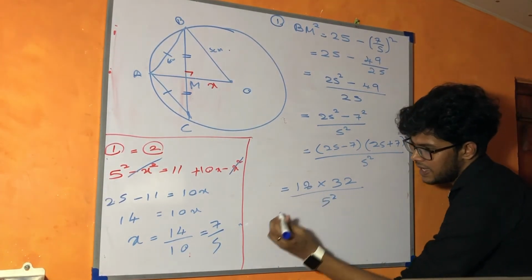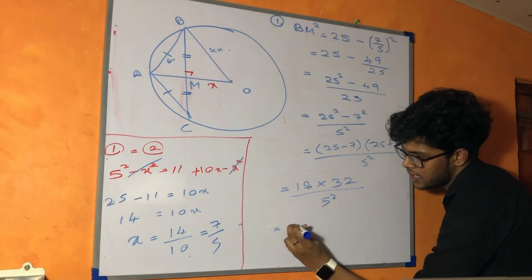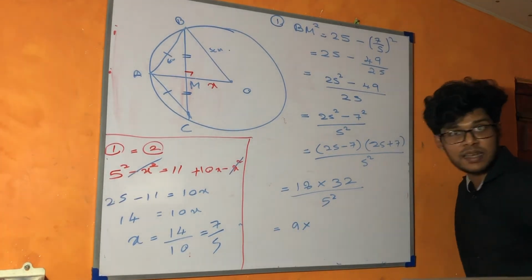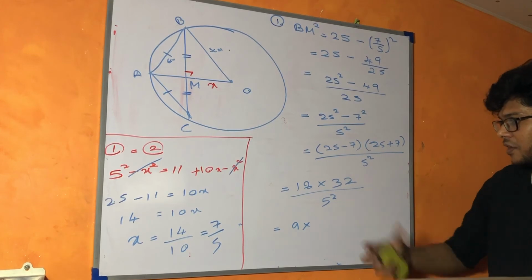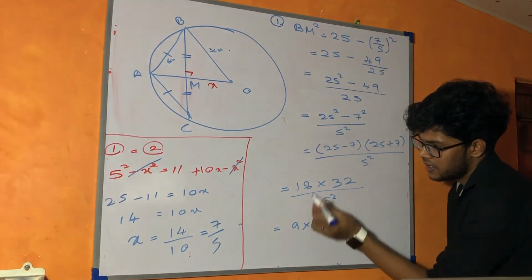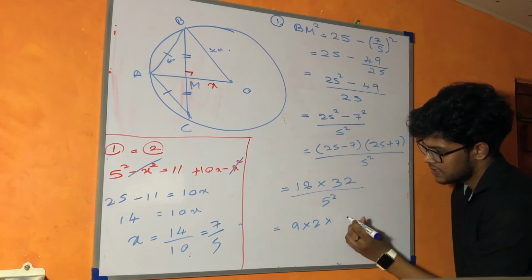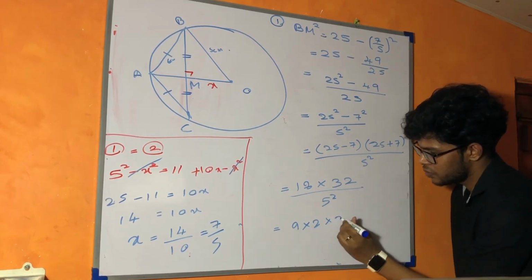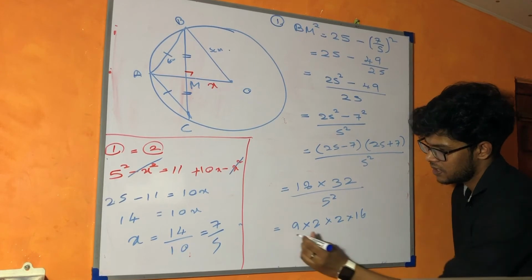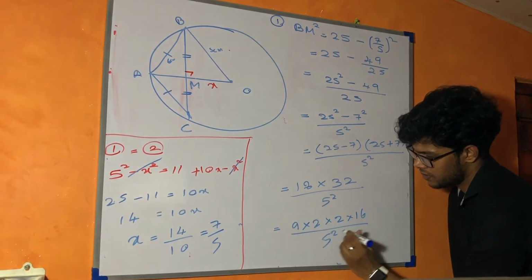Then this 18 you can write as 9 into 2, I'm just telling a shortcut, an easy way to simplify. So 9 into 2 is 18, and here also you can write 32 as 2 into 16, divided by 5 squared, right?